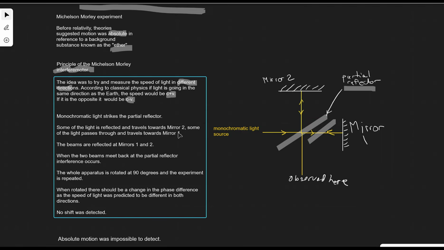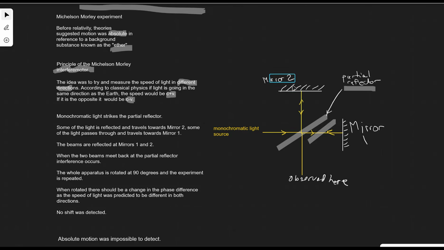Some of the light is reflected, it travels towards mirror 2, and some of it travels towards mirror 1. When the two beams come back, because they're reflected here and then here, they will interfere, and there's going to be some path difference that's going to be observed at that point.